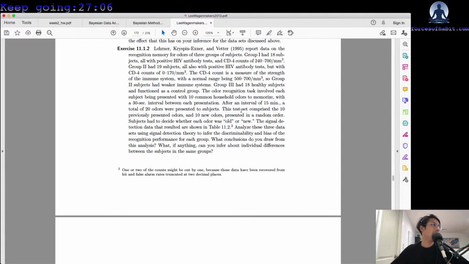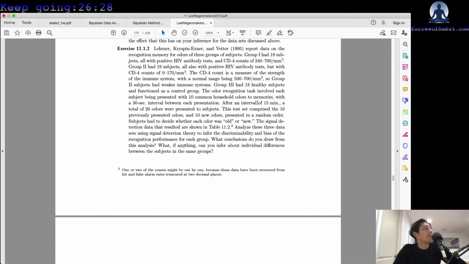That means that in group 2, we would see increased variability in discrimination, while in the control group, they're probably alike one another. Unless, well, that's not true.